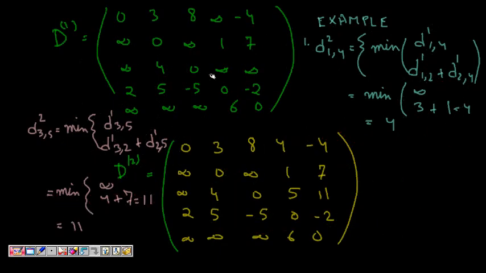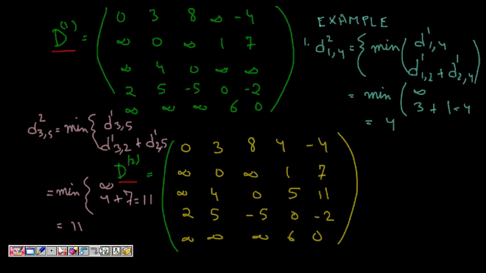So I have taken an example, and D1 can be calculated. I have calculated D1, and this is D2. D1 means all the distances from node i to j are using just the first node, from 1 to 1, and in D2 I have used nodes 1 to 2.